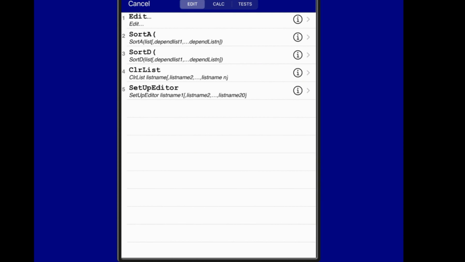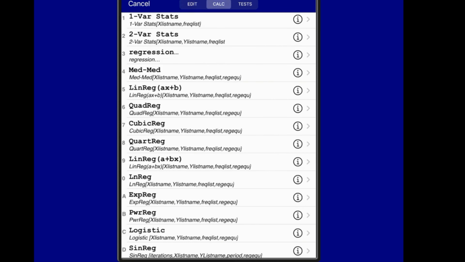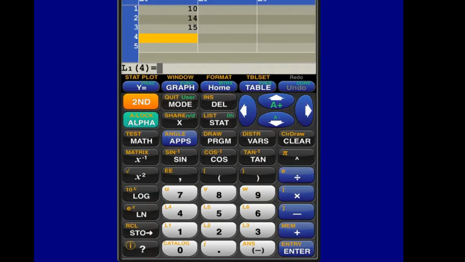Stat. So the hard part in my calculator here, I can't show you the clicking and the buttons, so I say it out loud. Edit. Go to the top of your list. Press clear, which is near the down key.